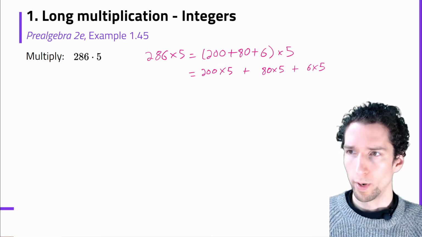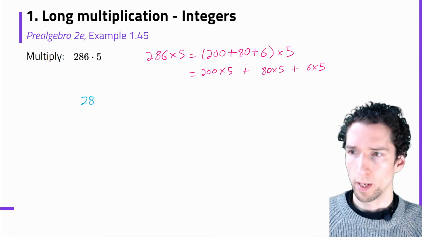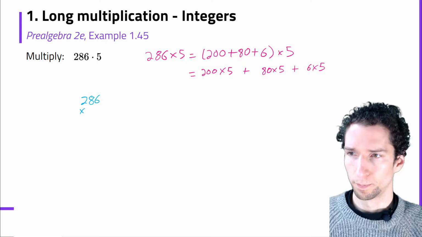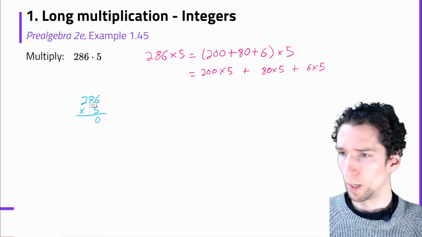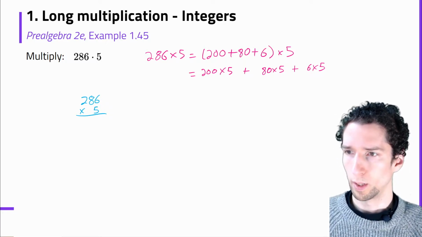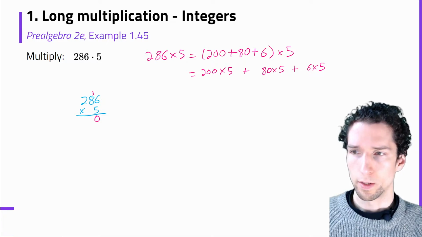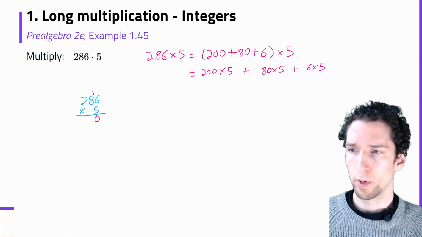And of course, we write that like this: 286 times 5. So 5 times 6 is 30, 0 down here, carry the 3 here. 5 times 8 is 40, 40 plus 3 is 43, so 3 goes down here, carry the 4.